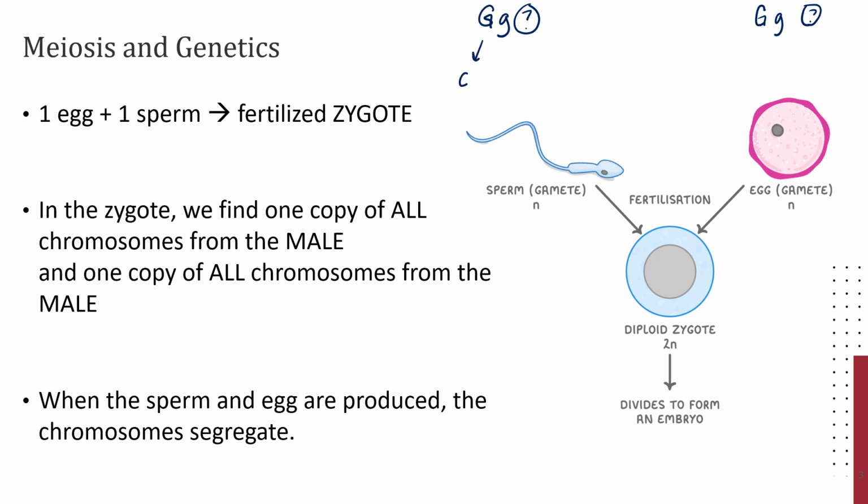So our options here for gametes are that this sperm has a big G or a little g, and that this egg has a big G or a little g. Let's say just by chance that it is the big G in the sperm that's passed on and the little g in the egg. Now I say by chance because any one of the 4 gametes could be released, could be the one that's involved in this fertilization.